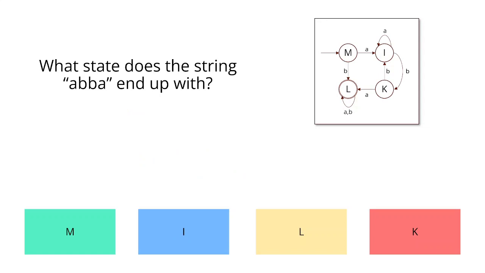Next. What state does the string ABBA end up with? Sige, i-visualize na ninyo, i-trace. Initial state kay M. Okay? Initial state kay M. Sa I, sir.